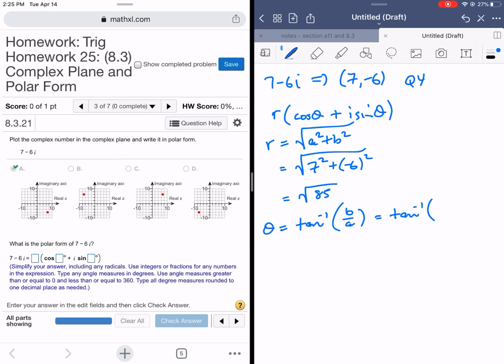So this will be tan inverse of the imaginary part, negative 6, divided by the real part, which is 7. And make sure that your calculator is in degree mode when you do this, because if you look at the directions in blue on the left of your screen, it's going to tell you to type the angle measure in degrees.